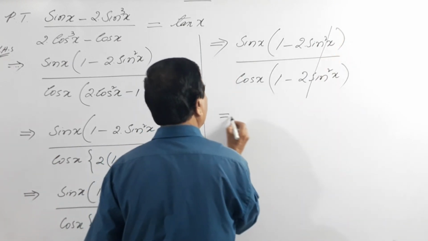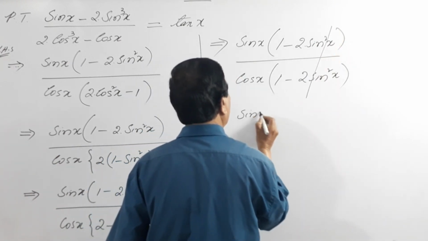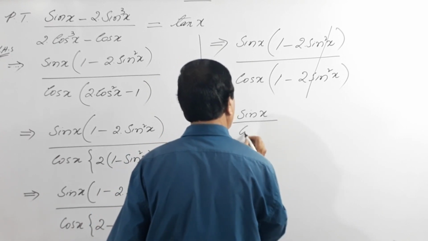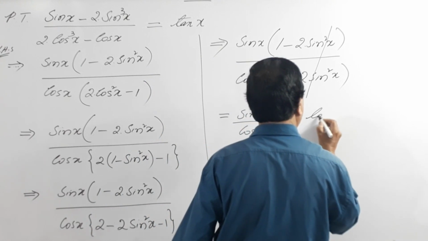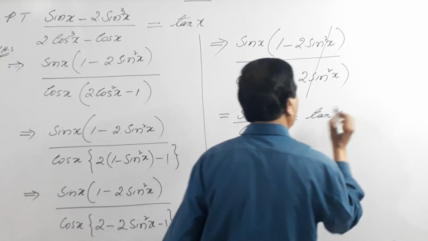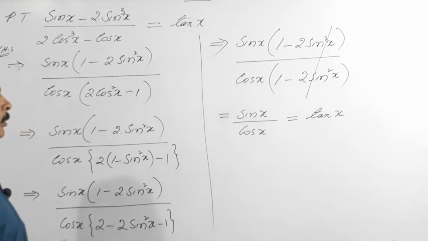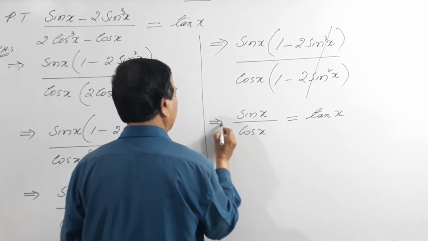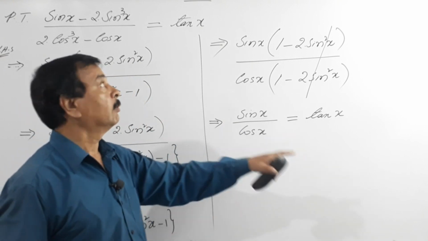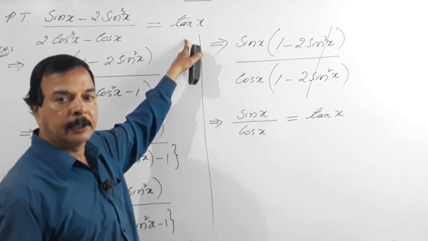We are left with what? Sin x by cos x, that is nothing but tan x. So the equal sign should not be there. So tan x, what he wants? He wants on the right hand side tan x.